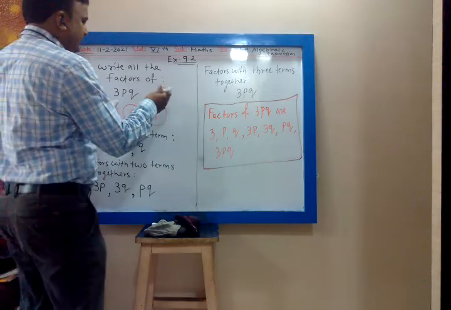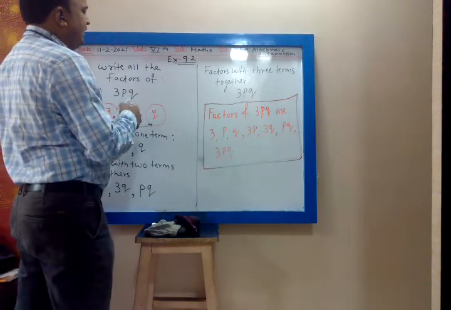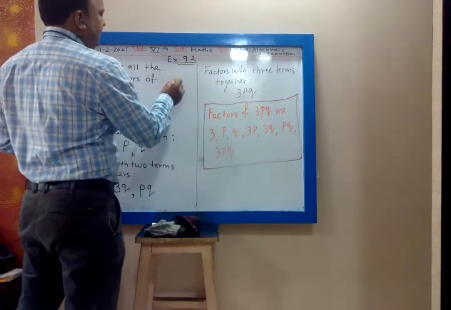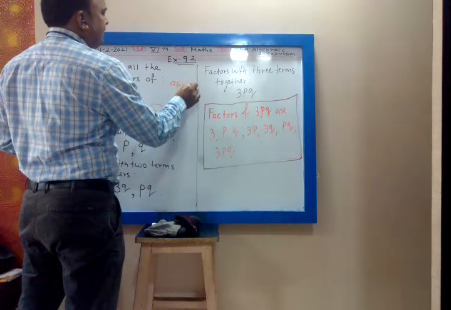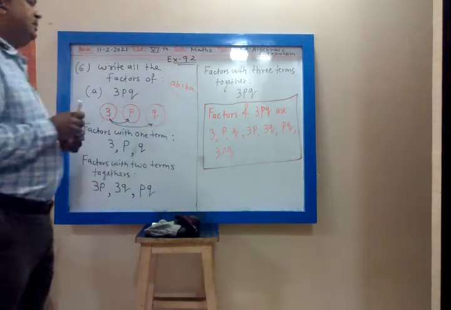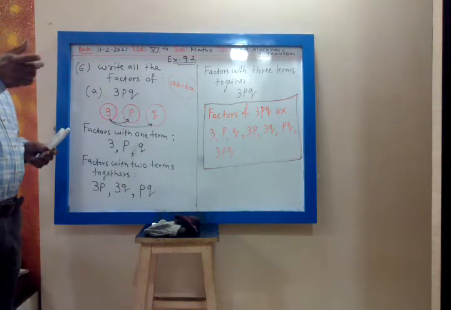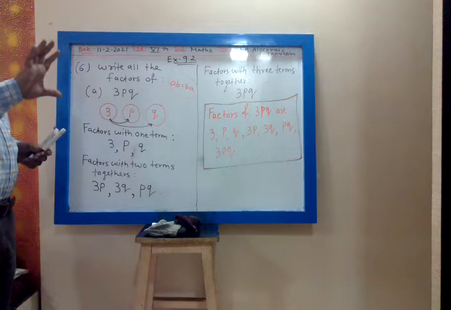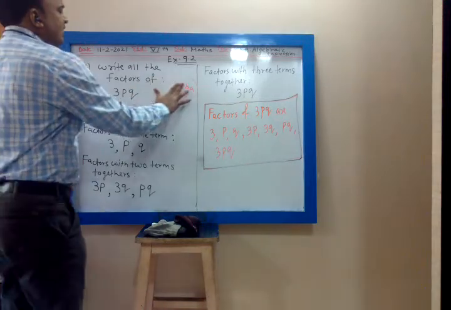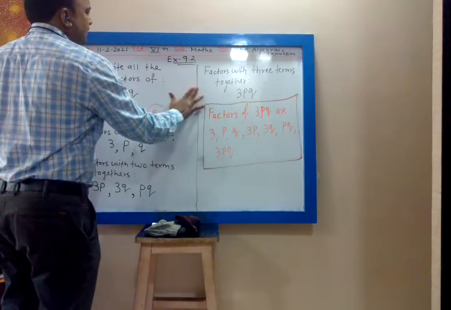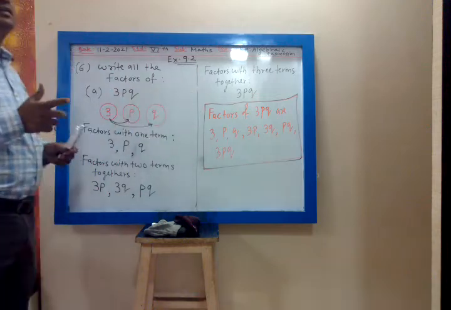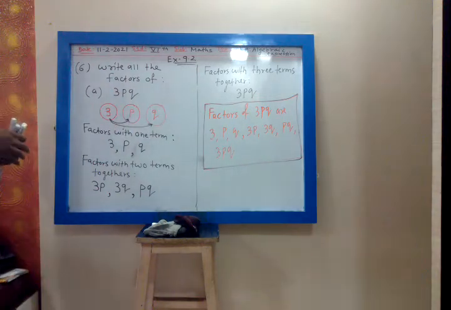Because in mathematics AB is the same as BA. So 3Q is the same as Q3, and 3P is the same as P3. So we don't write again. We write once.